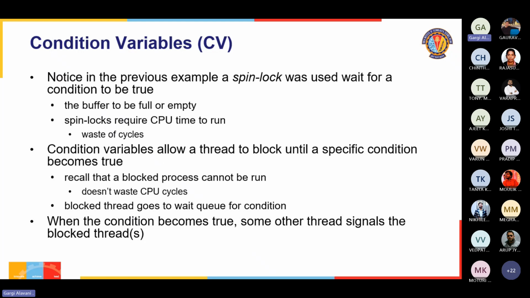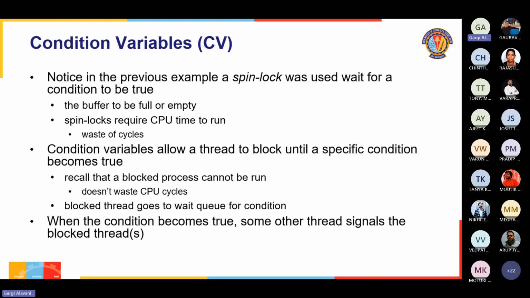I'll change this slide as well. So what you're trying to comment is there is something called a mutex lock and there is something else called a spin lock. Is that what you mean, or is my understanding wrong? Yeah, there is a difference between mutex locks and spin locks. Mutex locks are used to block the thread, but spin locks do busy waiting.